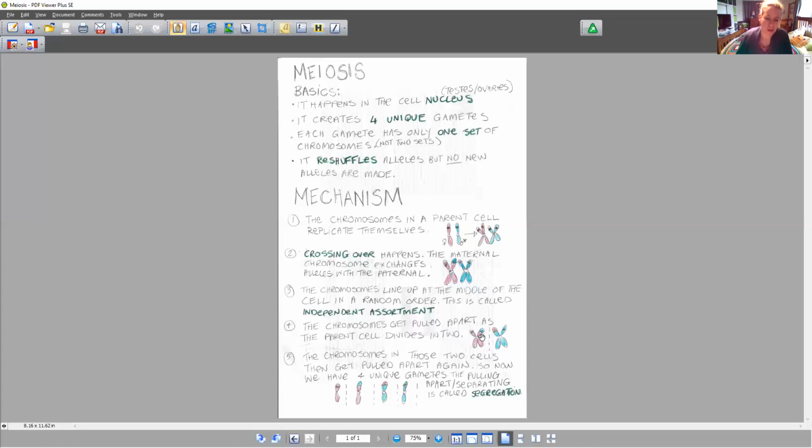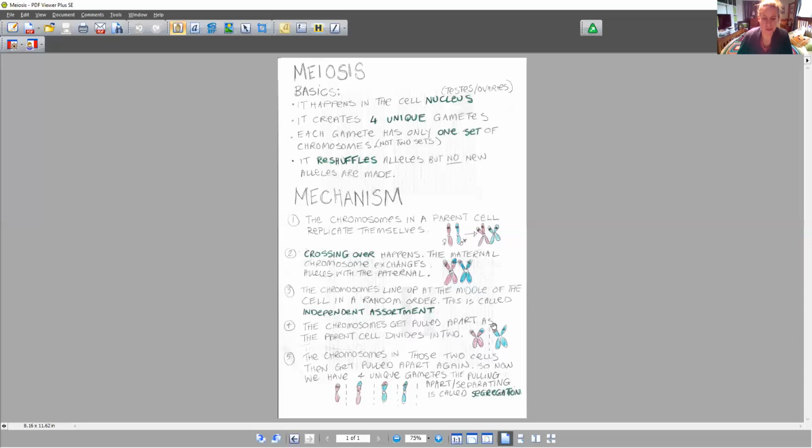Number 4, once they're all lined up, the chromosomes get pulled apart as the parent cell divides into 2. So that cell grows a new membrane in the middle, and now we're left with 2 cells. So it was 1 cell, the membrane grew in the middle, and it's now 2 cells. 1, 2.